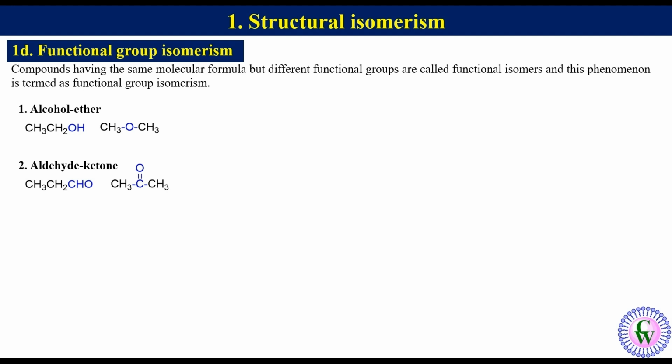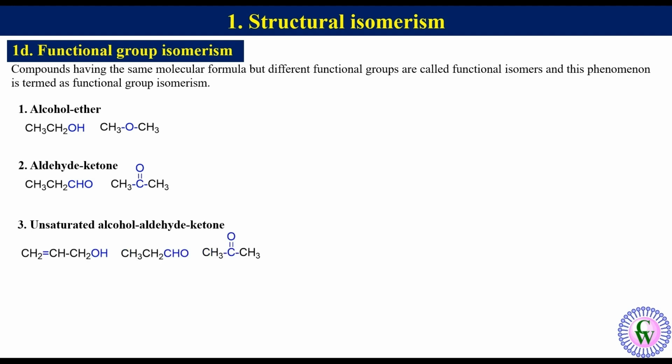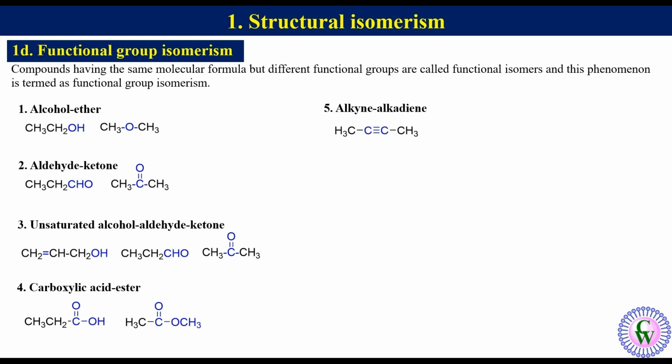Between unsaturated alcohol, aldehyde and ketone. For example, allyl alcohol, propanaldehyde and acetone. Between carboxylic acid and ester, for example, propionic acid and methyl acetate. Between alkyne and alkadiene, for example, 2-butyne and 1,3-butadiene.